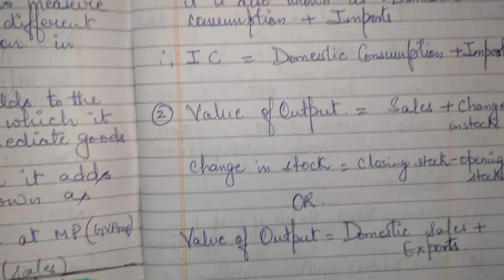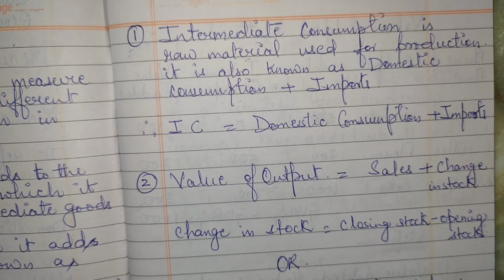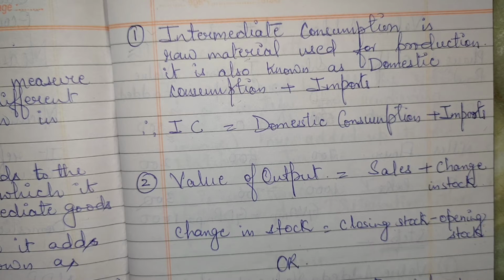Next, we will focus on the intermediate consumption. So intermediate consumption is raw material used for production, by which more of the product is being created or produced. It is also known as domestic consumption plus imports.